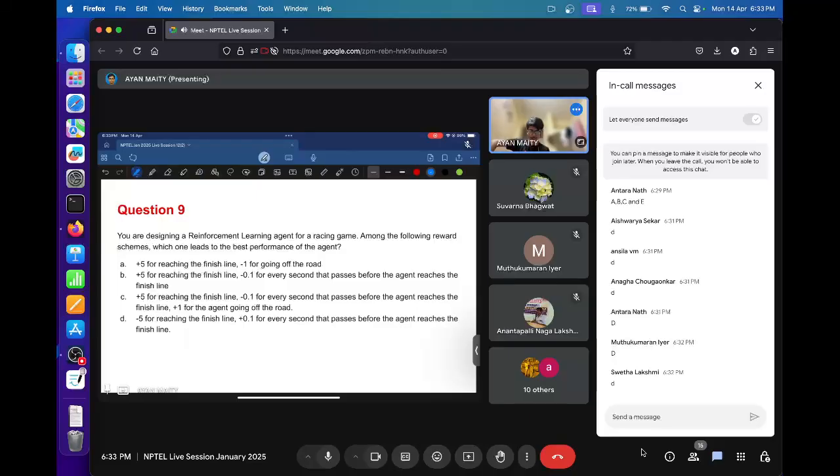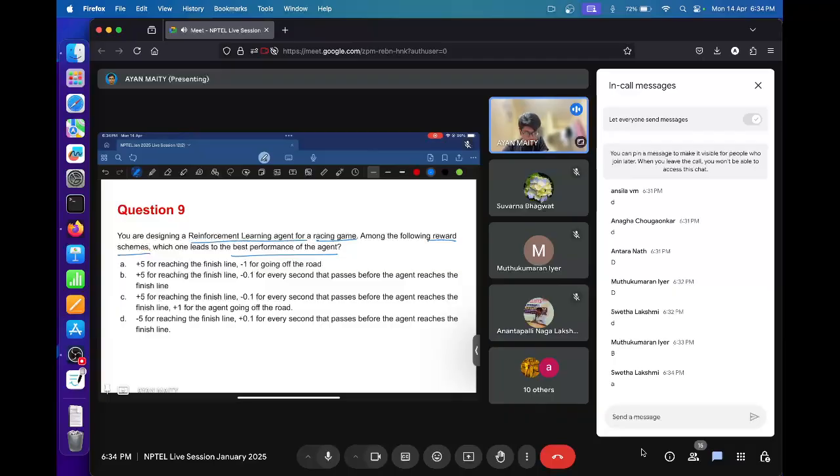Now question 9: you are designing a reinforcement learning agent for a racing game. Among the following reward schemes, which one leads to the best performance of the agent? Option A is +5 for reaching the finish line, -1 for going off the road. Option B is +5 for reaching the finish line, -0.1 for every second that passes before the agent reaches the finish line.